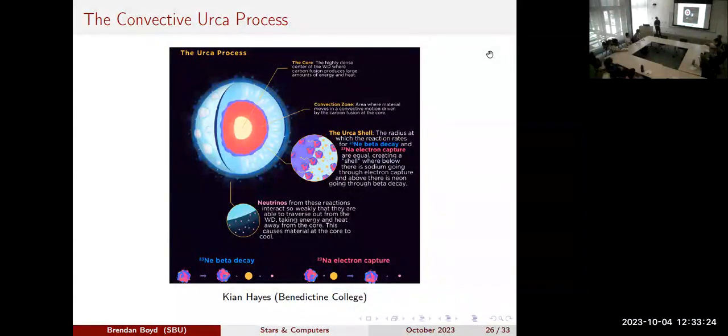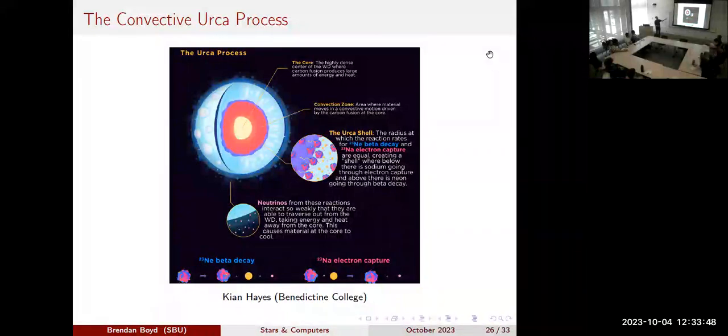This means there's some sort of divide where these two reactions are equal and opposite, and we call that the Urca shell. If you're interior to the Urca shell, there's going to be a bunch of electron captures. But if we move out from the Urca shell, we get lots of beta decays. And that's where convection plays a role.